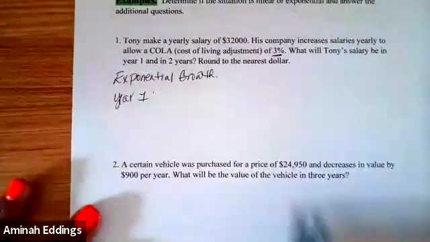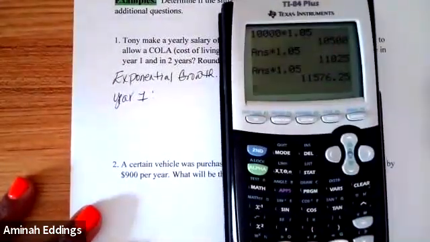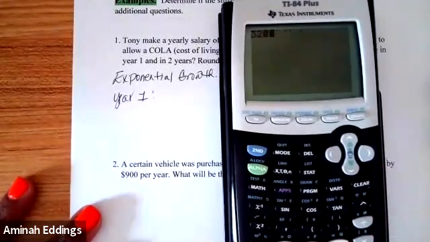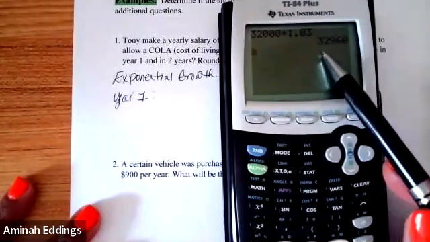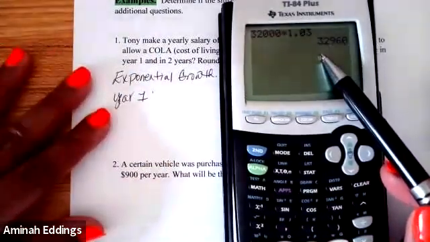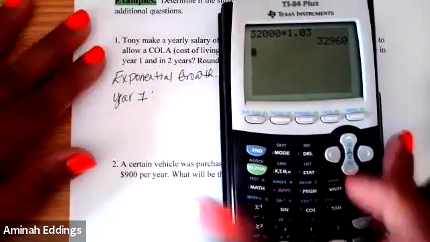So we would take 32,000 and multiply it times that 1.03, okay? Because that's the 3% increase. And so at year one, his salary will be $32,960.